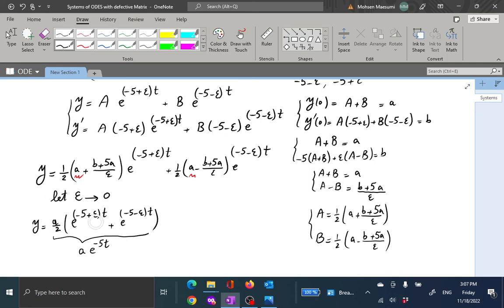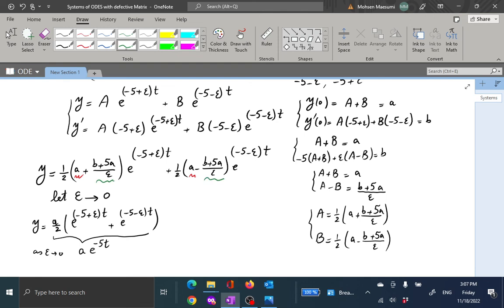Is that right? Once again, when epsilon goes to 0, I have exponential of minus 5t, and the same thing again here, so it becomes 2 of that. 2 cancels this 2, and I have just a times exponential. So as epsilon goes to 0, that's what's going to be left here. Next, I'm going to attack this portion.